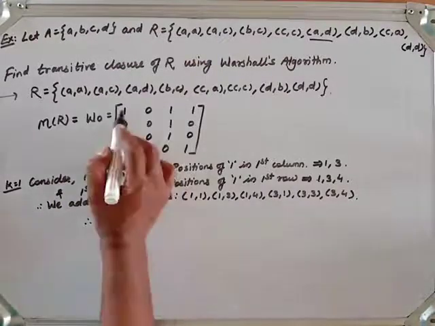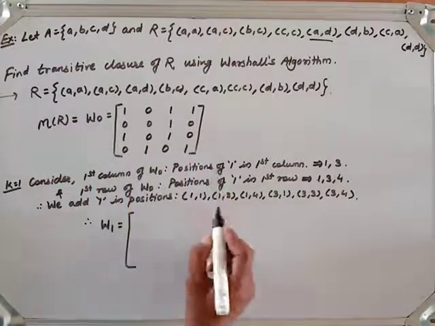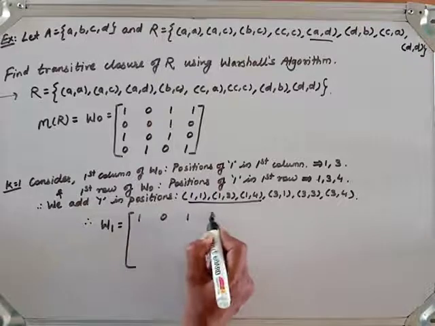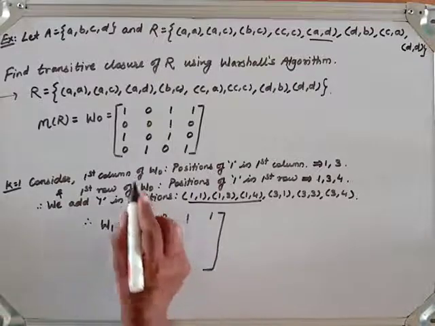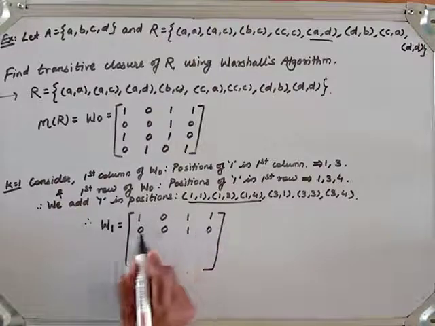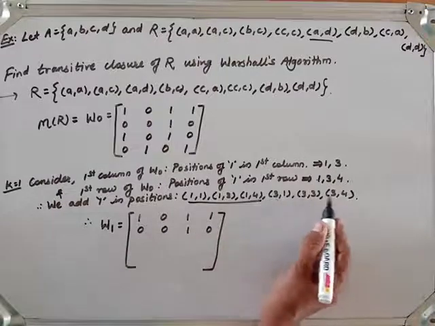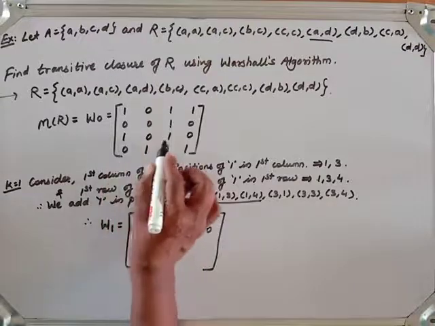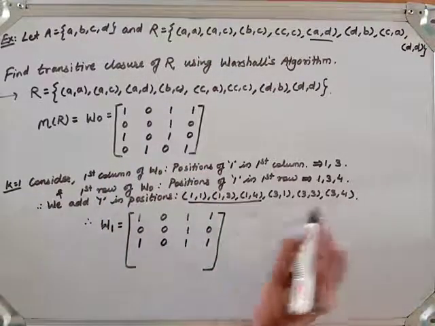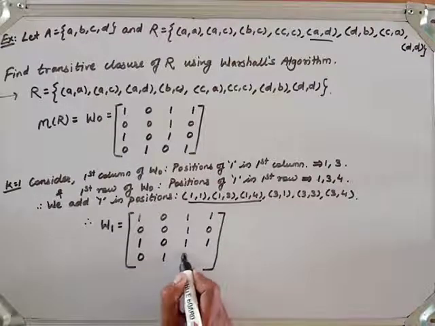Clearly at 1 1, 1 3 and 1 4 position 1 is there, so the first row remains the same. For the second row there is no extra 1. In the third row, 3 1, 3 3 and 3 4: 3 1 and 3 3 are already there, and 3 4 is added. Otherwise the fourth row remains the same.